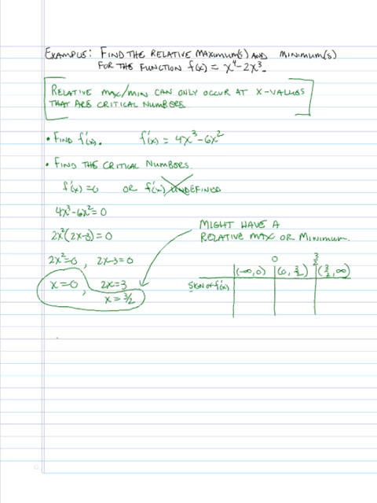And so we just need to test the sign of f prime of x in those intervals, and then we'll decide whether we have a relative maximum or minimum, either one, at x equals 0, or at x equals 3/2.